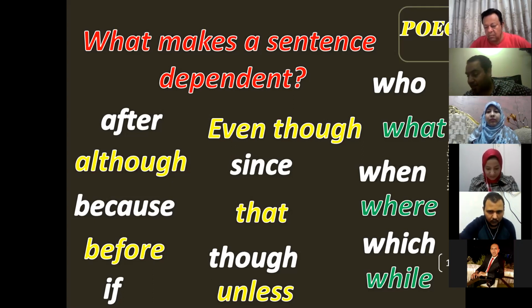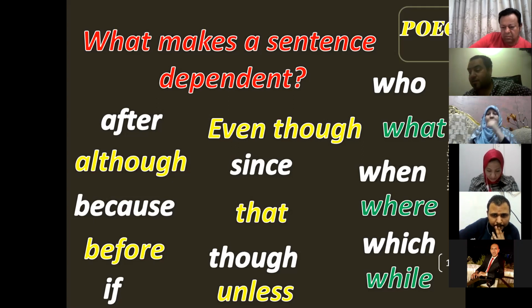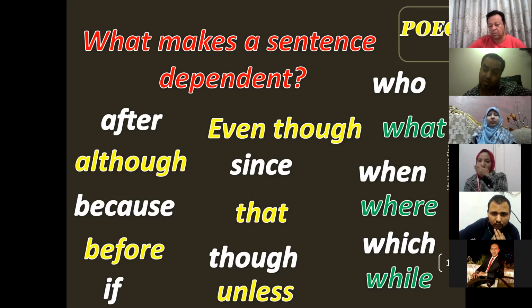Excellent, excellent, Abdullah. Still, Sahar, we need to just use an independent clause. I don't want a long one. You're not going to link. Yes, I'm asking you to change the dependent into independent.